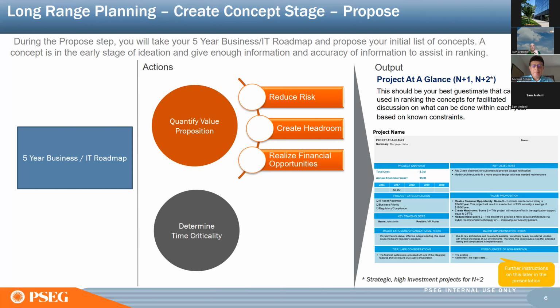So I'll pick an example. Say I'm in the customer space and they want to say, you know what, we need to get better enrollment into low income and state assistance programs, right, as a potential revenue offset stream. So the project or the concept would say, hey, we want to enhance our current customer portal, do some stuff within Salesforce for our call center representatives, and then build some integrations with the state of Jersey, right?